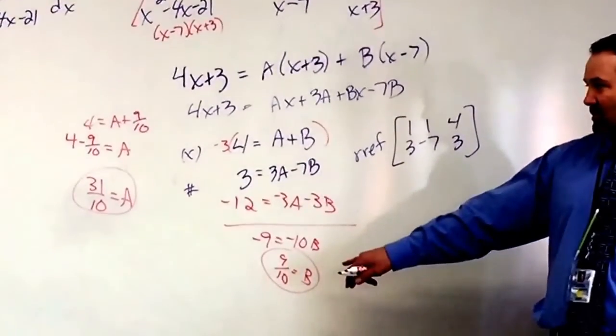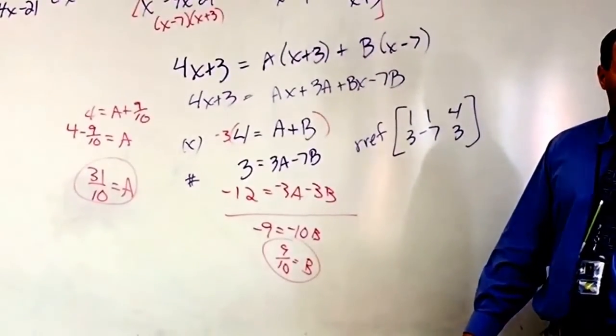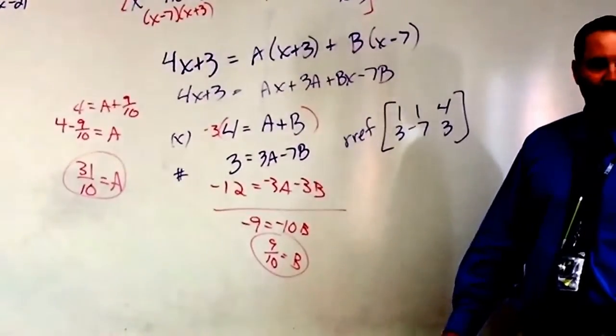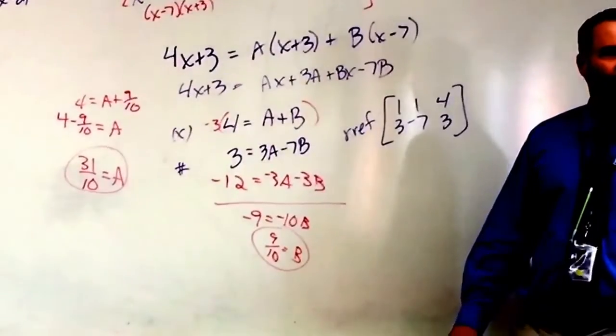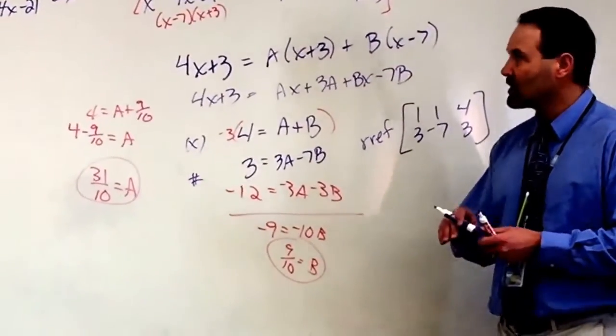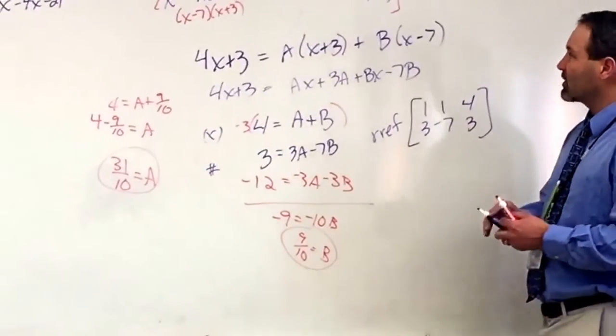Did you get the same answer? Yes. After the bracket, I will frac it. You probably got 3.1 and 0.9. Okay, so we just figured out what A is.